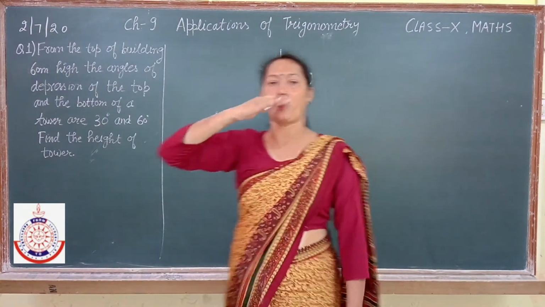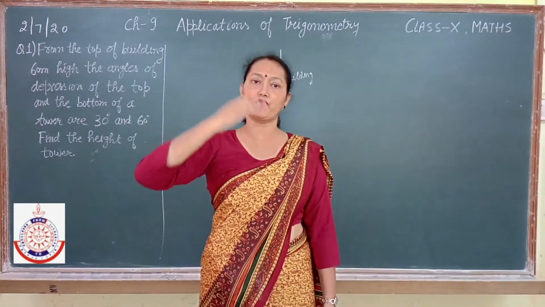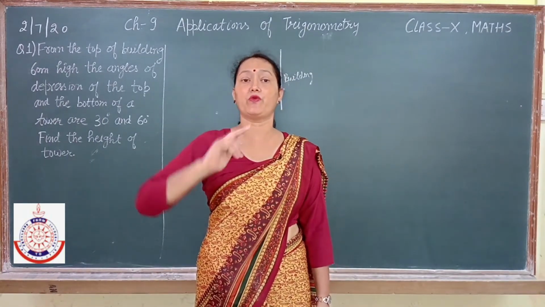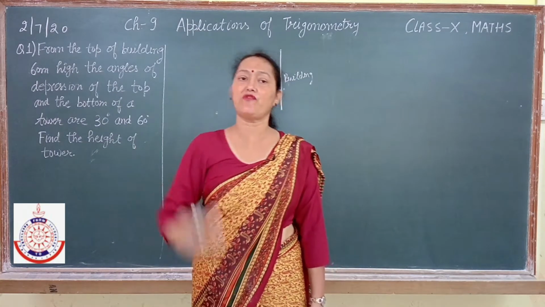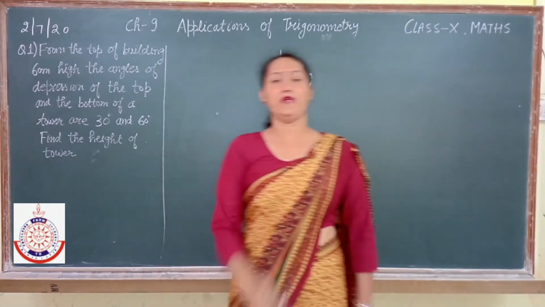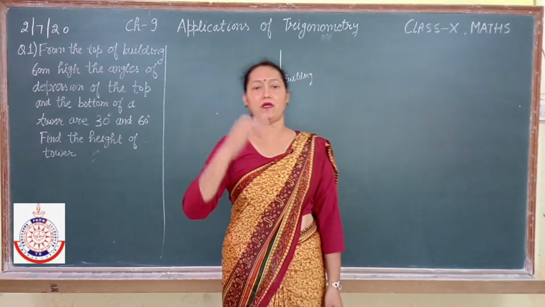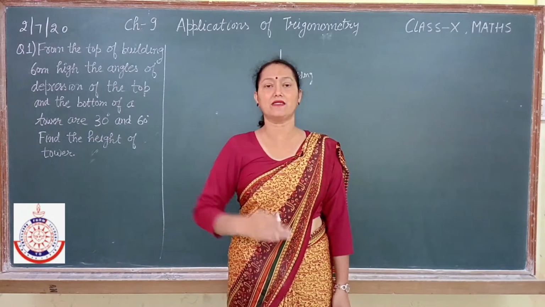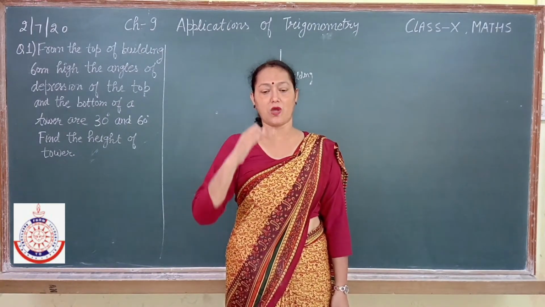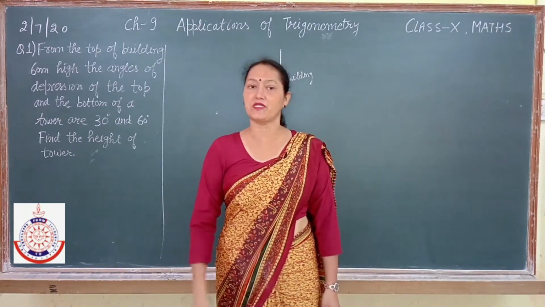Eyes move from normal level to an upward direction, so the angle of our eyes is upward. This is the angle of elevation. And when we are watching something down on the floor, beneath our eyes, our eyes are moving downward. So the angle of depression is formed.